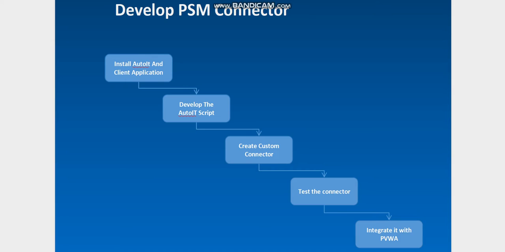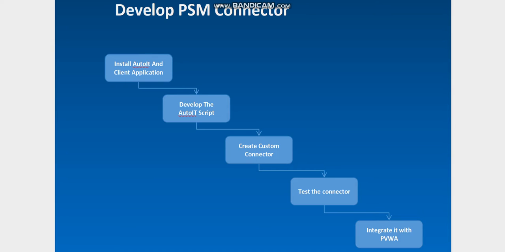So basically these are the prerequisites. You need to have the latest version of AutoIT installed, and you need to have your client application installed on your PSM server, or you can install it wherever you want in the development phase.